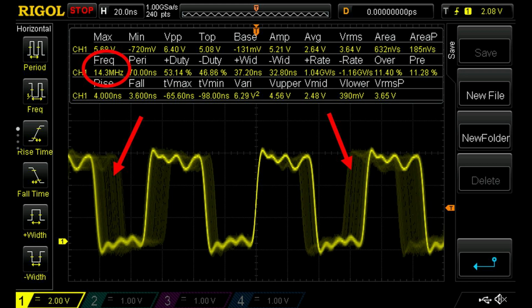Sometimes it's on one side of the wave, and sometimes it's on the other side of the wave. That actually leads us to believe that there is some frequency drift on this oscillator. But let's not jump to conclusions just yet. Let's see if we can get some picture on the video output.